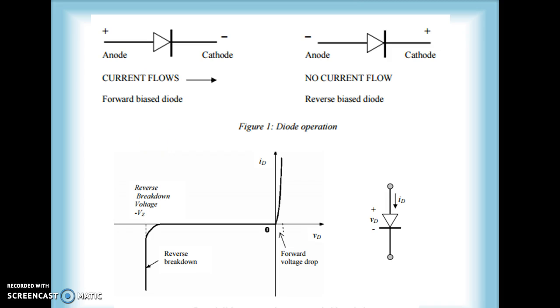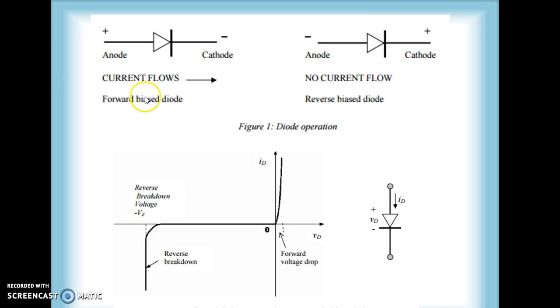This is called the PN junction. In the P-type semiconductor material, the majority charge carriers are holes and the minority charge carriers are electrons. In the N-type semiconductor material, the majority charge carriers are electrons and the minority carriers are holes. So both types of charge carriers are present in P-type and N-type semiconductors.